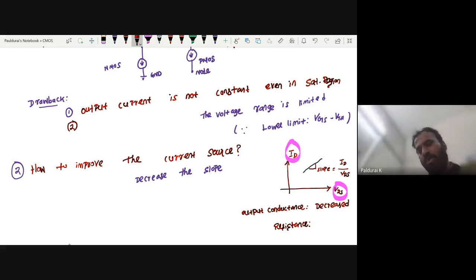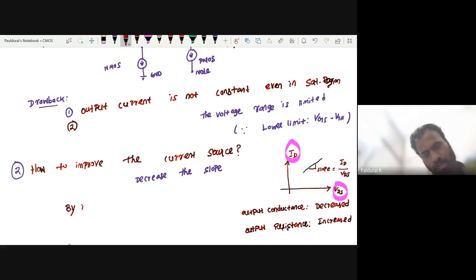So what about output resistance? Output resistance has to be increased. So here is the point. How to improve the current source means by increasing RO. That is the keyword here.